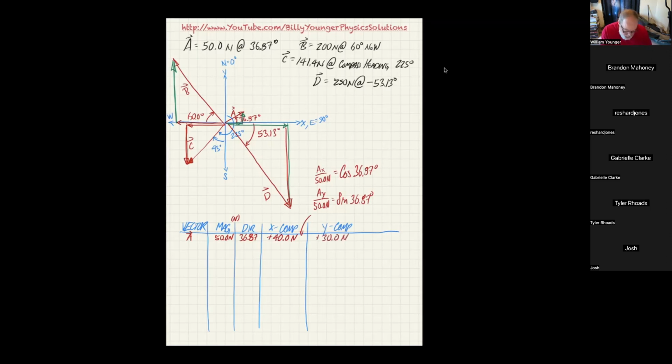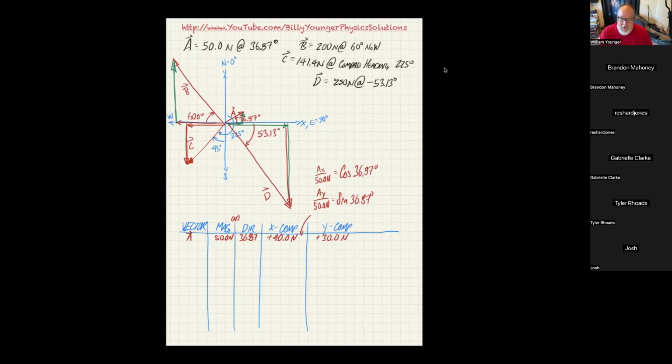Notice by taking the small angle, in this case, it was the only angle, but by taking that small angle, the trig function is never going to give me a sign. I have to decide the sign, and that's what I want you to do. I don't want you relying on taking the standard angle as measured counterclockwise from the positive x-axis, so this sine function will spit out a negative, because there's times when that doesn't work properly, and unless you know all those little details, it's not worth it.